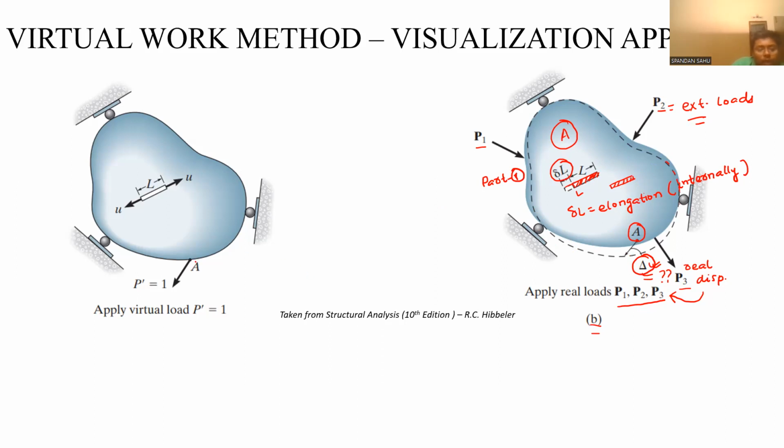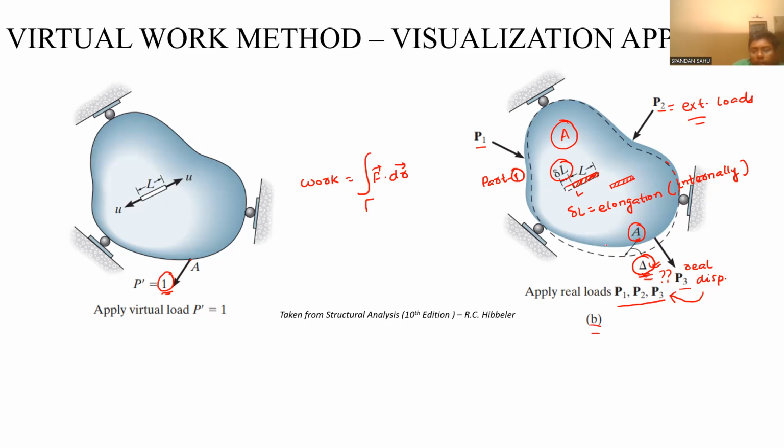So let us apply a virtual force at this point A. A virtual force means that the force is not originally acting on this rigid body A, but we are assuming a unit load that acts at the point where we are interested in calculating the displacement, that is delta. As we know, work is equal to F dot dr, integrated over the line.